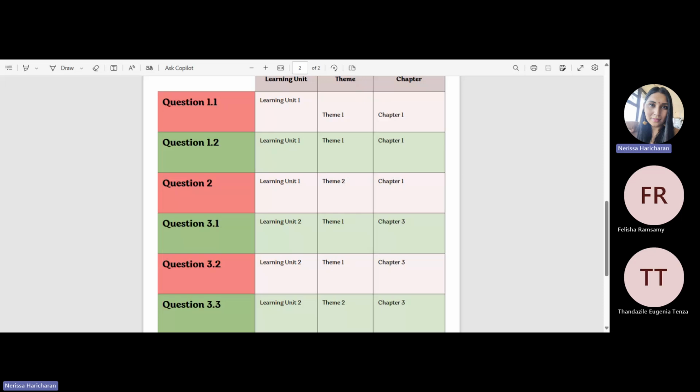Then we go on to question 2, which is Porter's value chain. It has different support activities. In the question, they want you to discuss the support activities that Technova would have in place, and you need to provide a contextual example for each activity. So Porter's value chain, also found in chapter 1, but it's falling under theme 2.